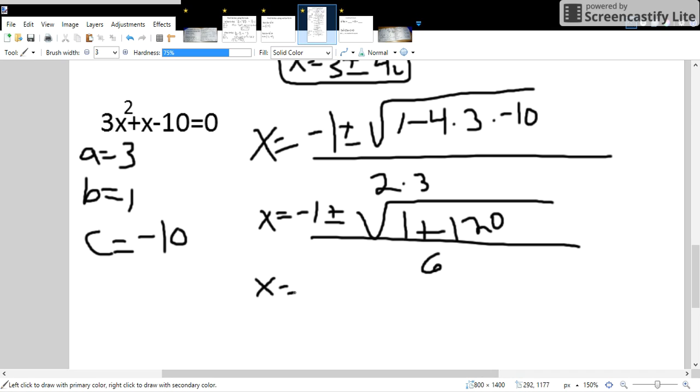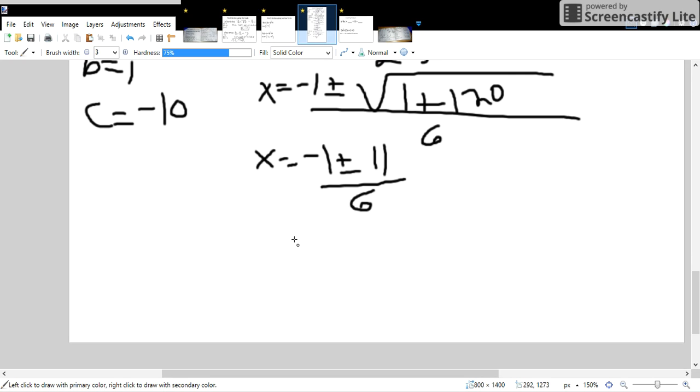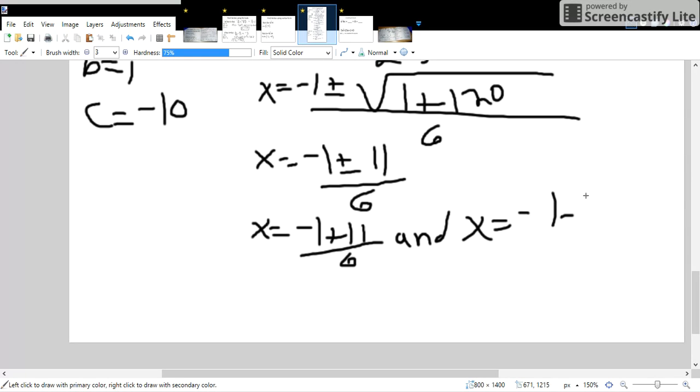x equals negative 1 plus or minus the square root of 121, which is 11, all over 6. So now we have x equals negative 1 plus 11 over 6, and x equals negative 1 minus 11 over 6.